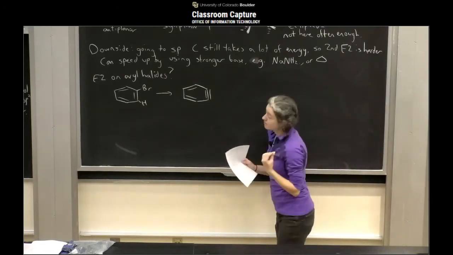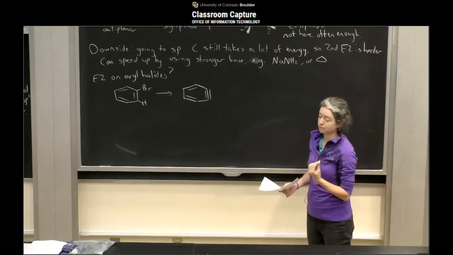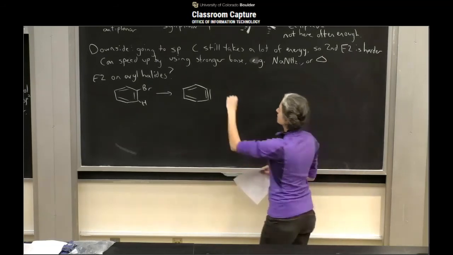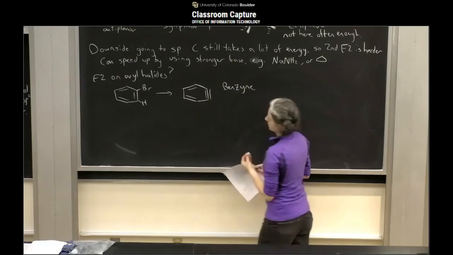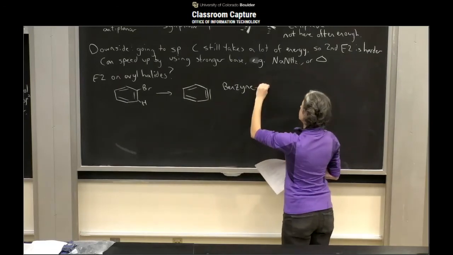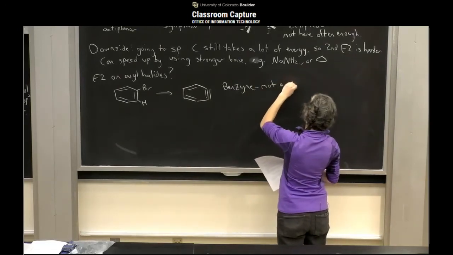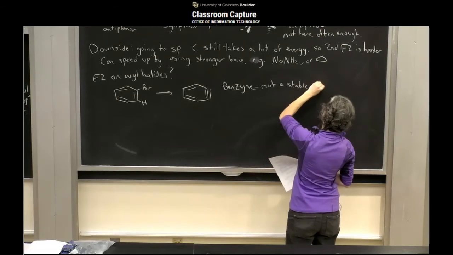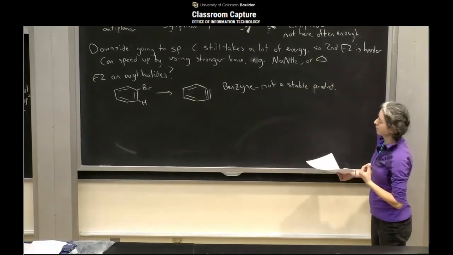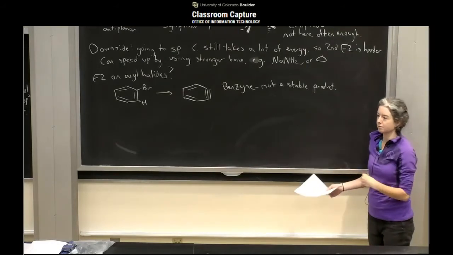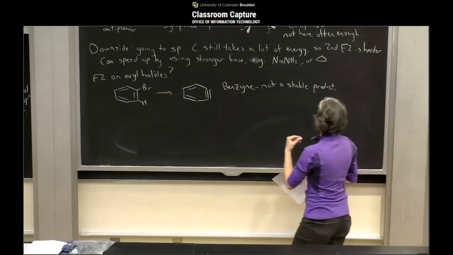Turns out this can actually exist very briefly on its way to something else. So benzyne, which is what this intermediate is called, is not a stable product, but there is some evidence, or quite a lot of evidence, to suggest that it does exist briefly during some other mechanisms that we're not going to cover.